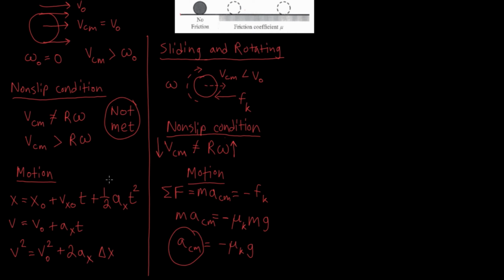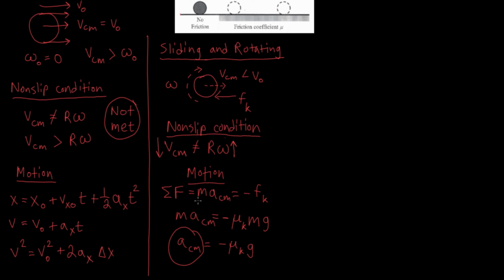And just to note, when the object is sliding only, the acceleration in the x direction is 0 because there is no net force on the object. But since in this case the object is sliding and rotating, there is a net force which acts on the object, which means that the acceleration is going to have some value.